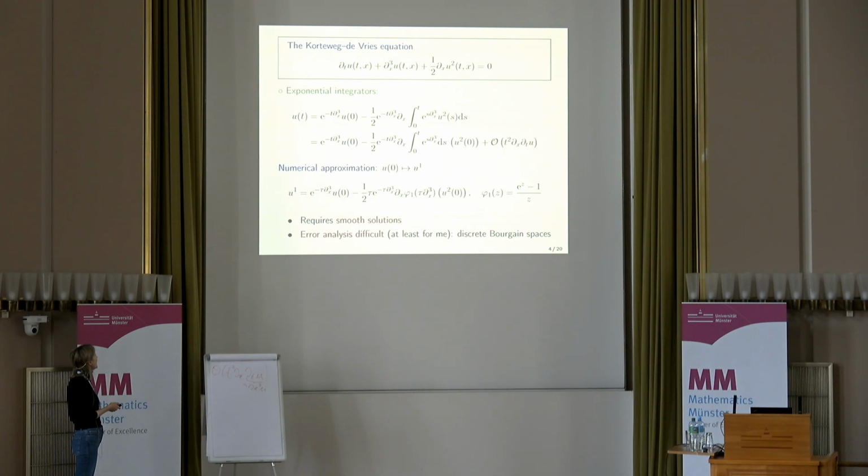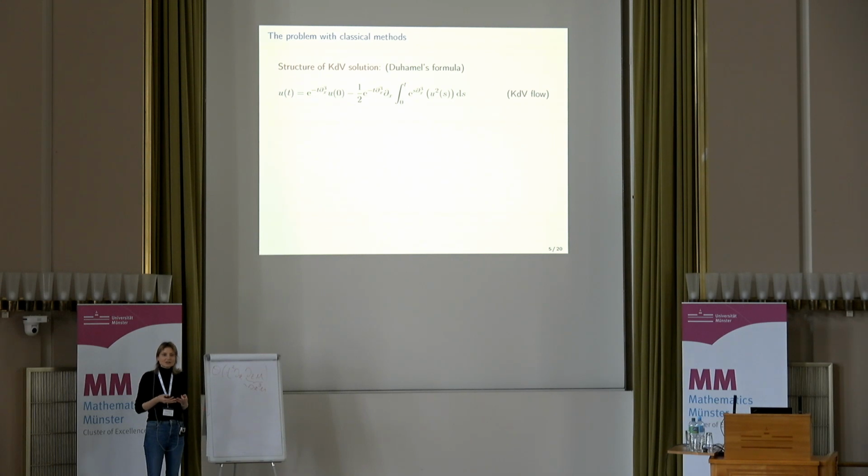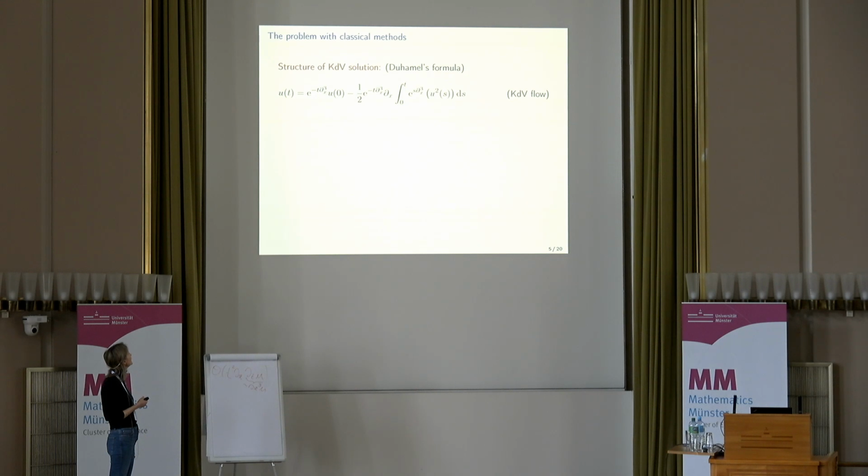Okay, and so this got me thinking, why do we need so much smoothness in the solution? KdV is such a simple basic model problem, so why do classical numerical methods need so much smoothness in the solution? In order to understand this, we first have to understand the underlying structure of the KdV solution.